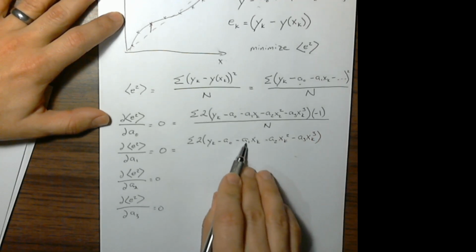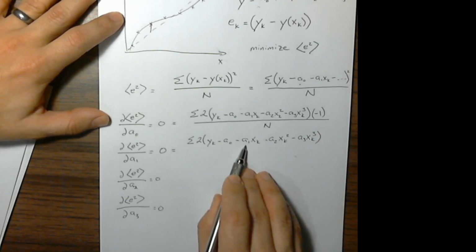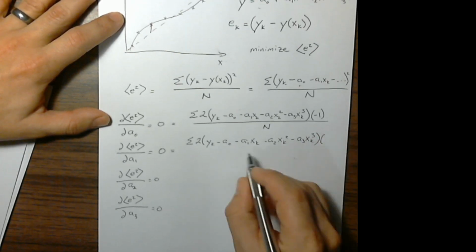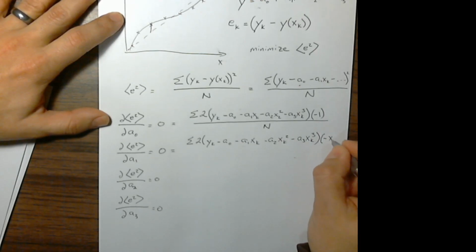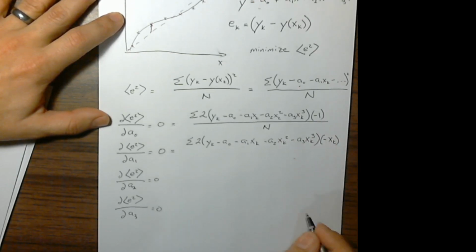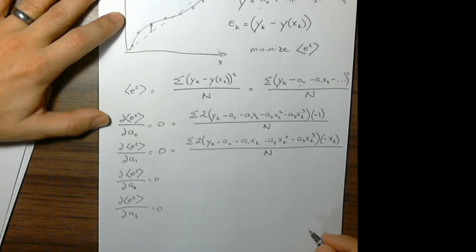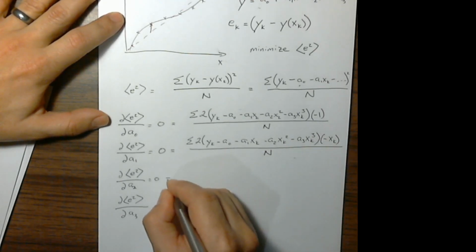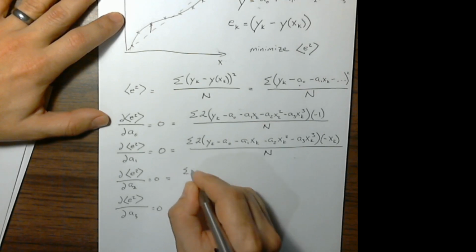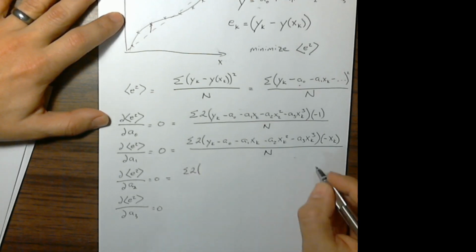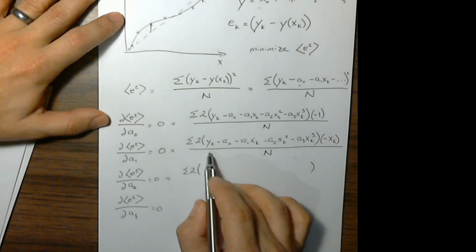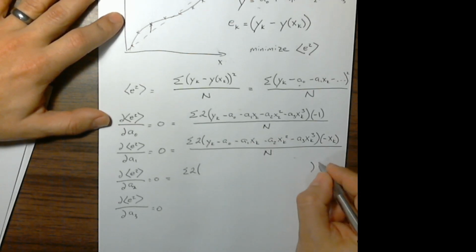Only this time we're differentiating with respect to A1, so the inside derivative is -xk. Again, we do that exact same thing. The guts of these parentheses are not going to change.